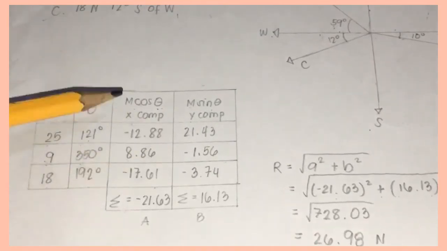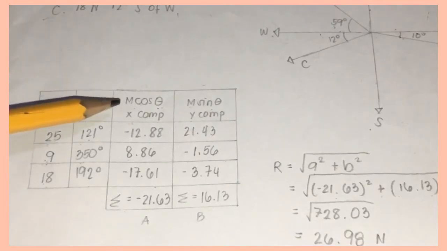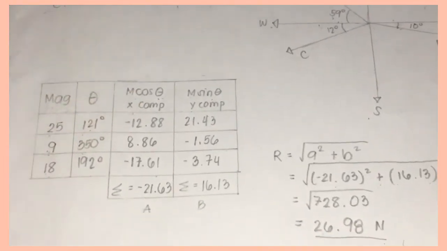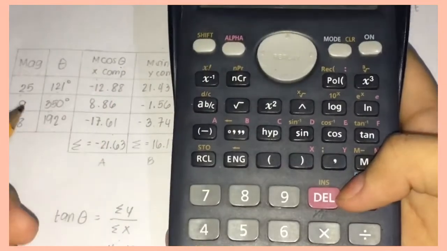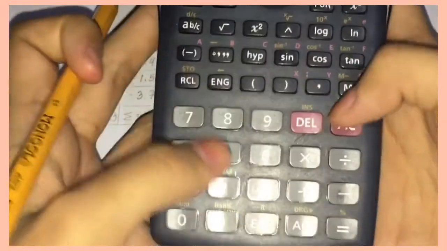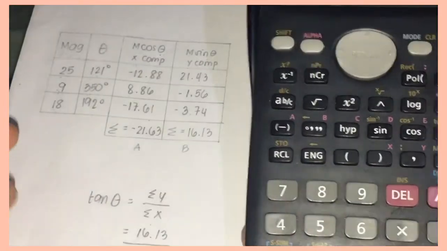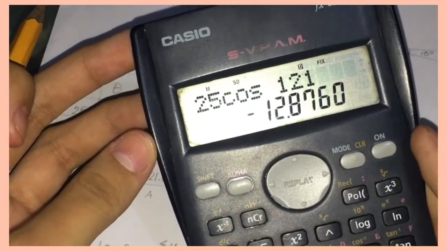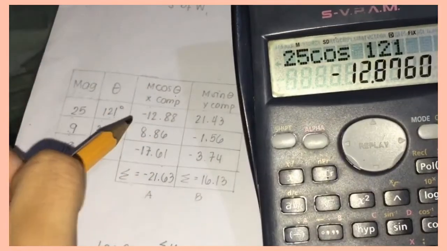Now, to find our x component, we have to multiply the m cosine theta. So here, our m or magnitude is 25. 25 cosine 121, that's negative 12.88 right there.